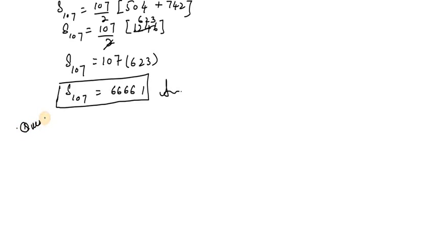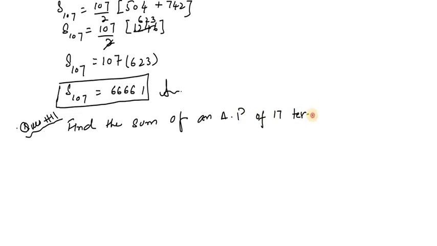Question number 11. In question number 11, find the sum of an arithmetic progression of 17 terms whose middle term is 5. Find the sum of an arithmetic progression of 17 terms whose middle term is 5.